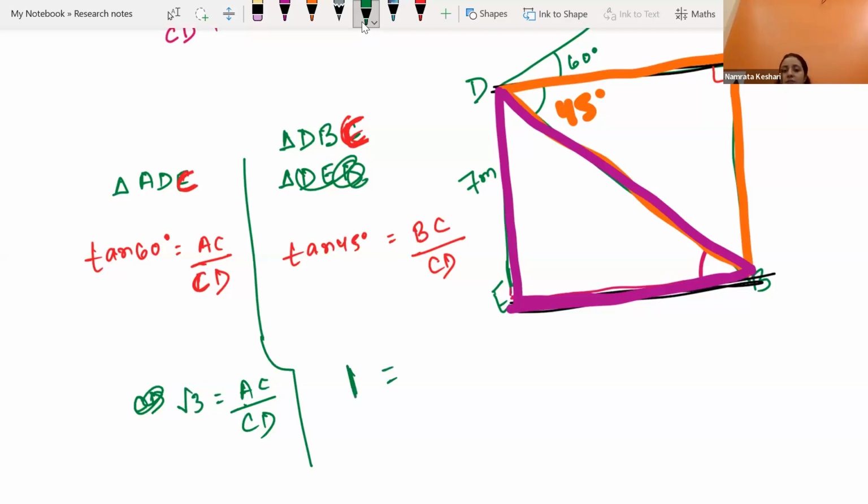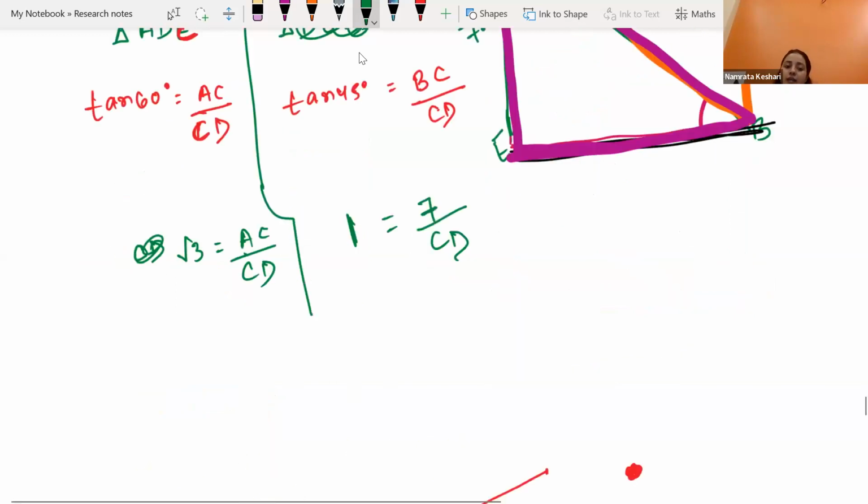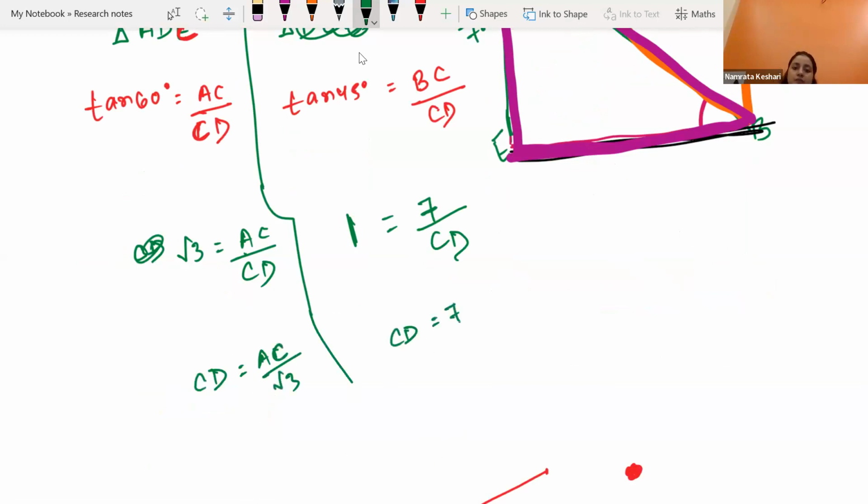Do we know BC? Yes. What is BC? 7 meters. And CD we don't know. Now we can compare CD from both sides. CD is AC by root 3, and here CD is just 7. Comparing 1 and 2.